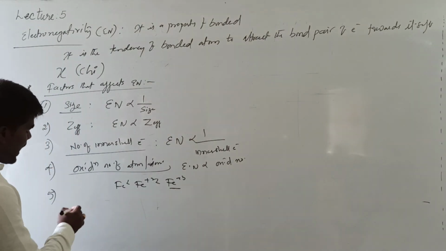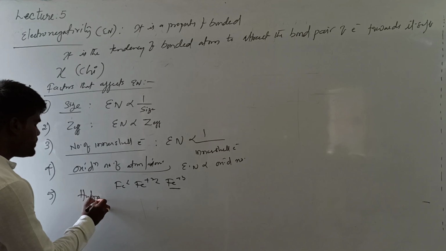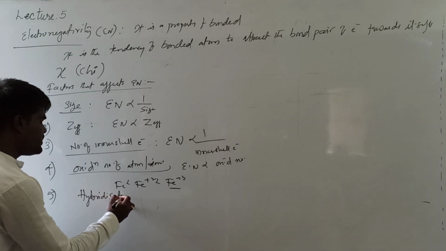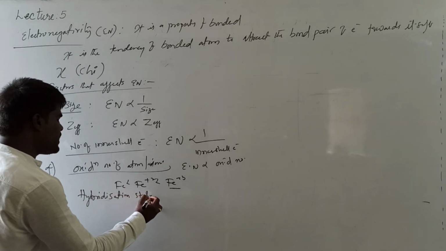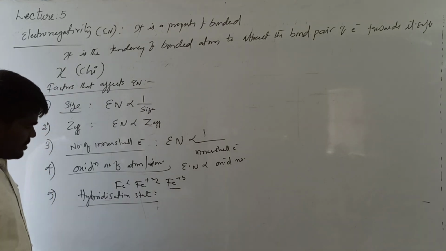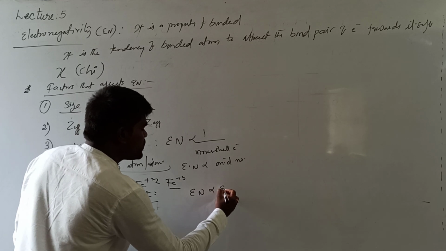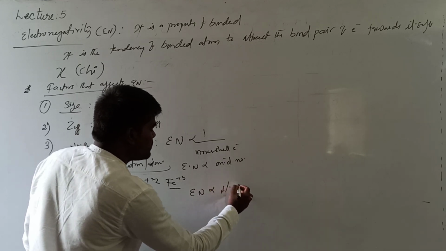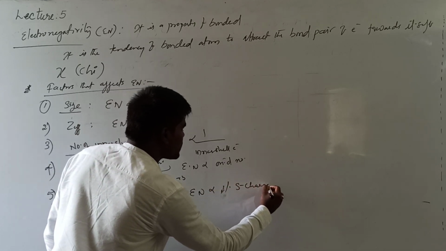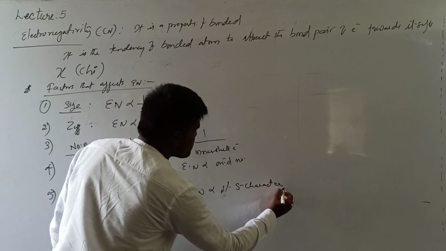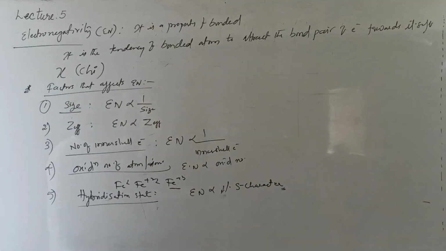And the next factor is hybridization state. You may have already studied this. Electronegativity will be directly proportional to percentage of s character. As the percentage of s character increases, electronegativity increases.